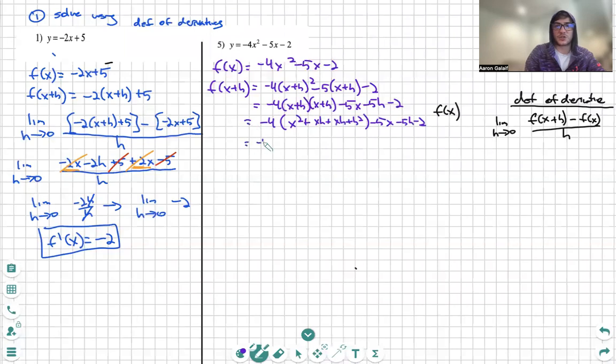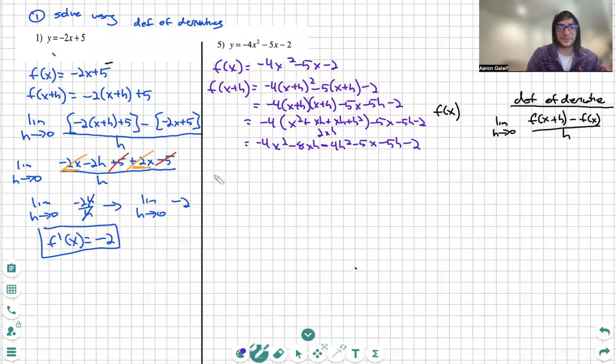And then finally distribute this negative 4 and combine those terms. This will be negative 4x squared minus 8xh minus 4h squared minus 5x minus 5h minus 2.